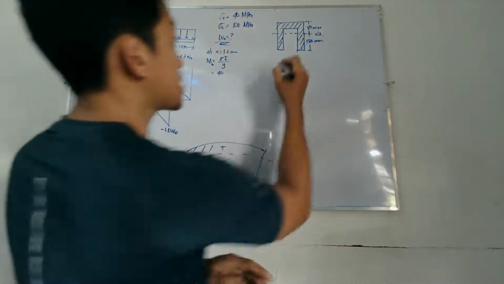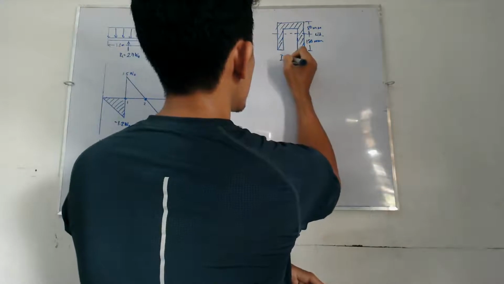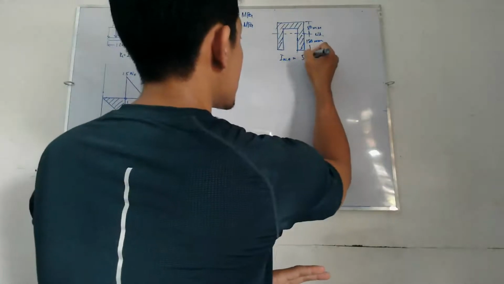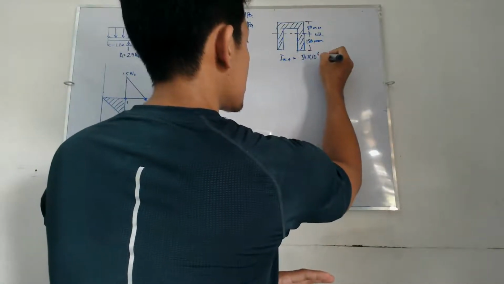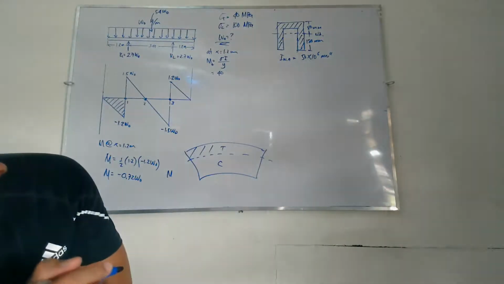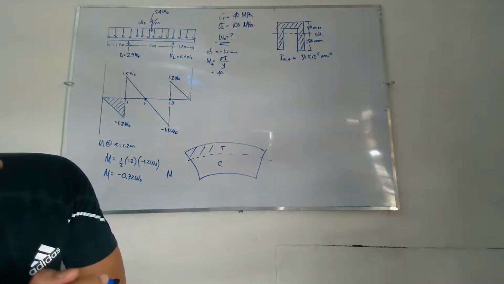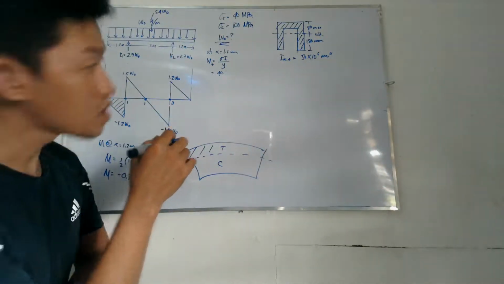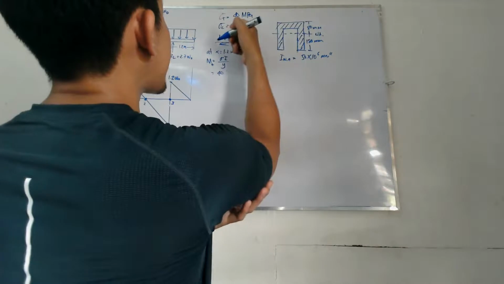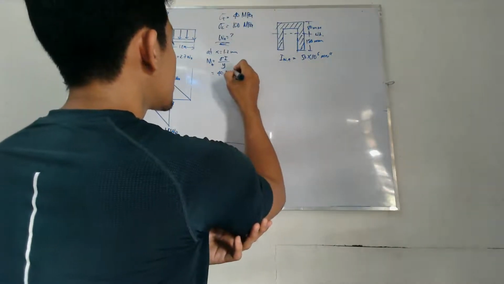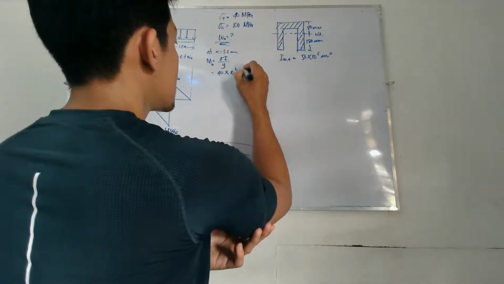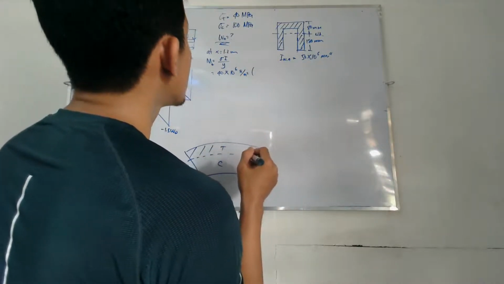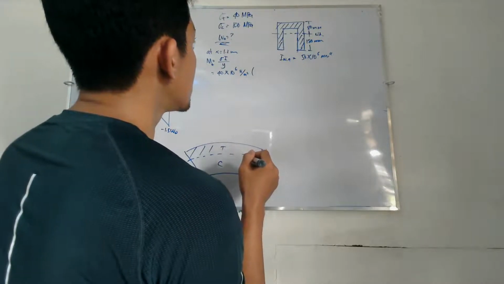Given ba? Given eh. Pinta na ko. 50 times 10 to the 6 mm to the 4. Okay. So you have 40 megapascal times 10 to the 6 Newton per square.